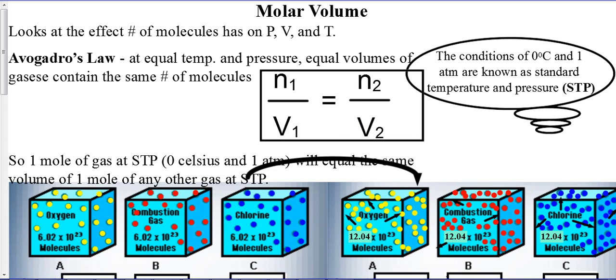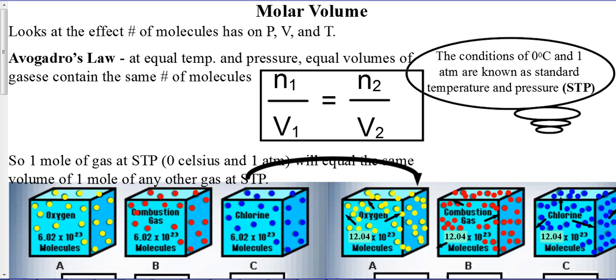An important note, as you see on the right hand side, when we're talking about the conditions that we call standard temperature and pressure, these are special conditions that we usually talk about when we're studying something other than temperature and pressure.